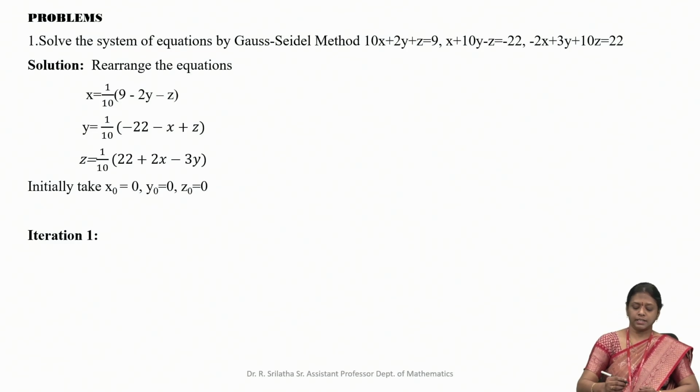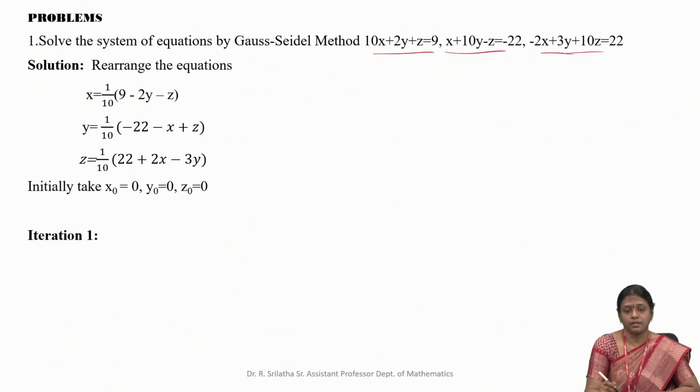As we discussed earlier in the Gauss-Jacobi method, the system of equations should be diagonally dominant, and the same condition holds for Gauss-Seidel. Here a11 is 10, which should be greater than or equal to the remaining elements, and a22 and a33 are also 10. So we need to check whether it is diagonally dominant or not.